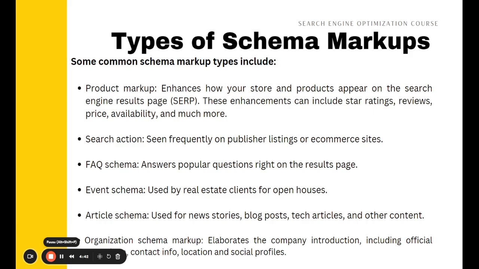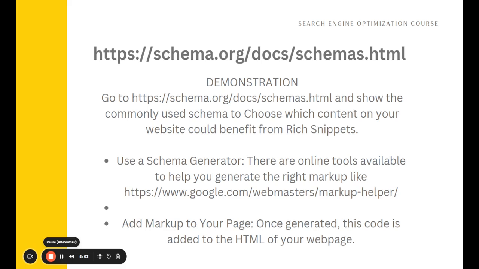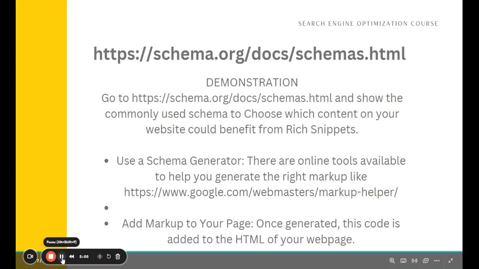With that, you can add the date or any other information you want to your search engine listing. And then organizational Schema Markup elaborates on your company and gives more information about your company, and like I said, it can show up on the right side of the Google search for you.